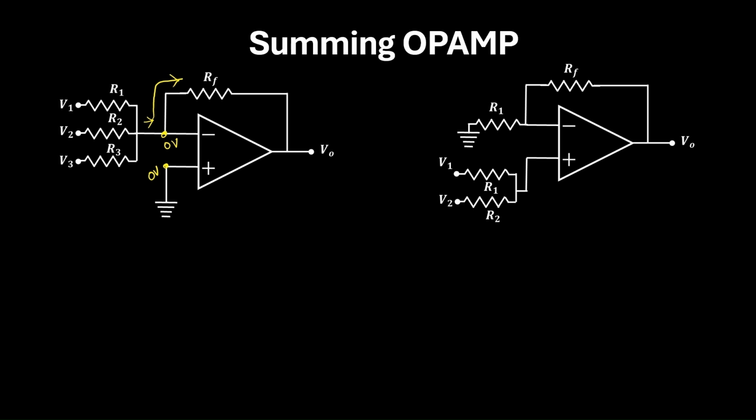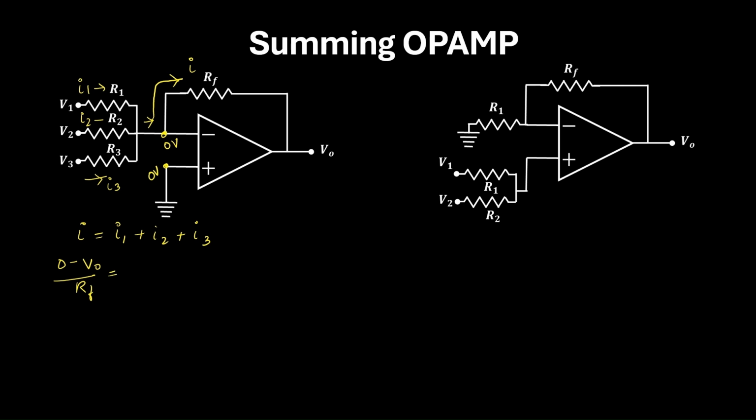So if I call this current I, then let's say the current flowing through this branch is I1, the current flowing through this middle branch is I2. Similarly, the current flowing through this is I3. Then I1, I2 and I3 will combine and give I. So I is equal to I1 plus I2 plus I3. Now I can be expressed as 0 minus V0 by RF.